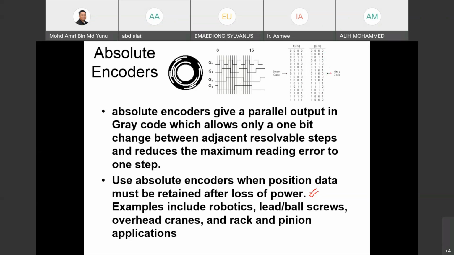So a gray code absolute encoder can be used to reduce the false detection.